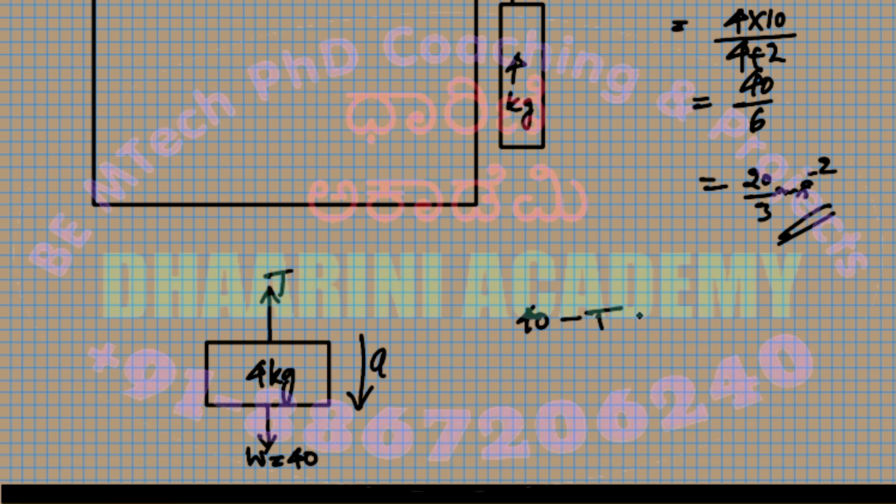Even if I reverse it, 40 minus T is equal to 4a. So 4 into a is equal to 4 into 20 by 3, that is 80 by 3. Solving that, T is equal to 40 minus 80 by 3, so that is 40 by 3 newtons. Yes, this is the right answer which we have.